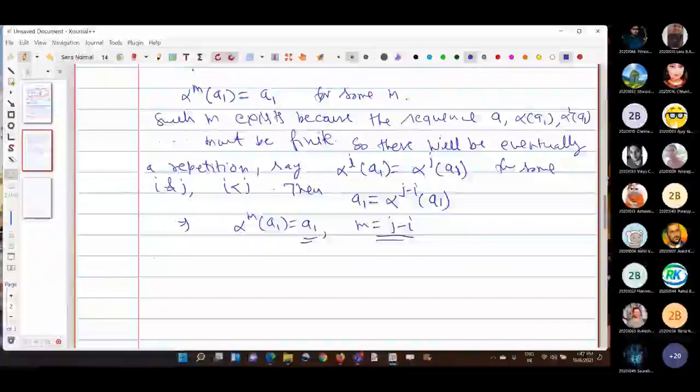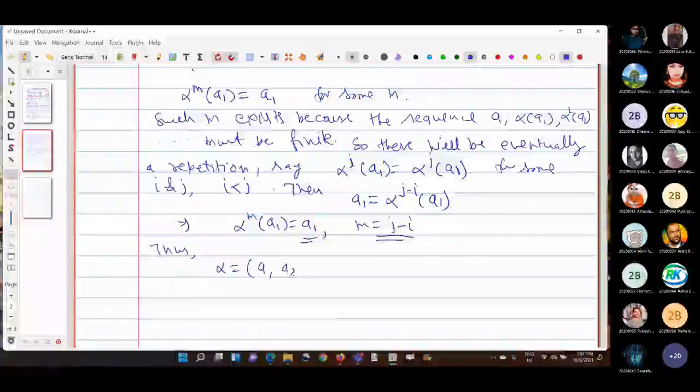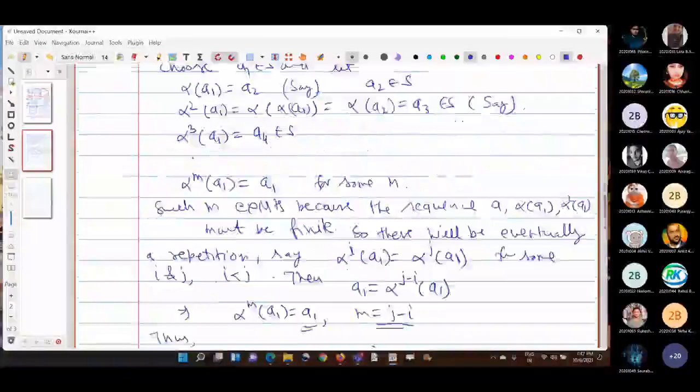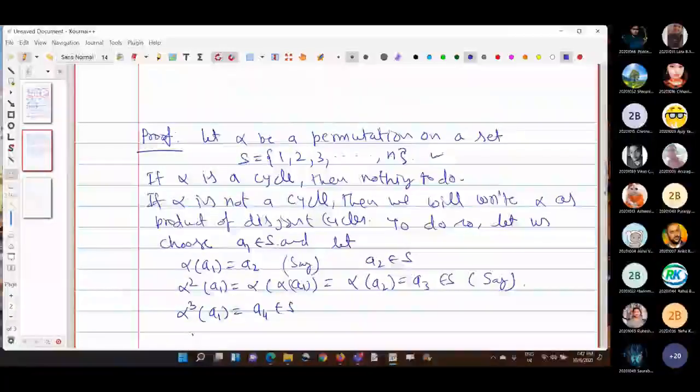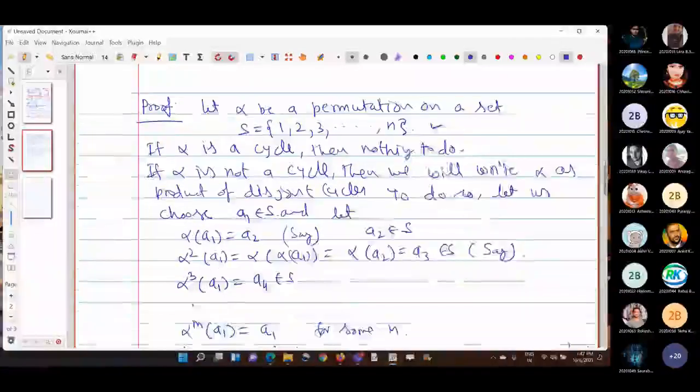Okay, so until now what we have is, thus we can write alpha equals a1 a2 up to am, finite. So if m equals n, because there are n elements in the set we have taken, then we are done.